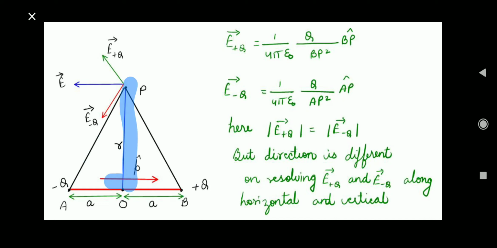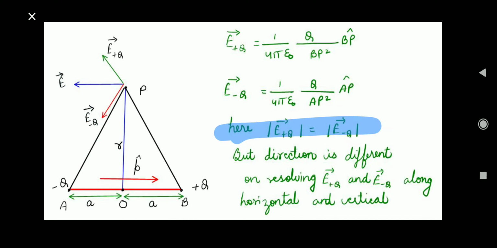So using Pythagoras theorem, when you calculate, you will get the same answer. So we can say here that the magnitudes of these two vectors are equal. Here just point out this AP cap, which represents the direction in this way.